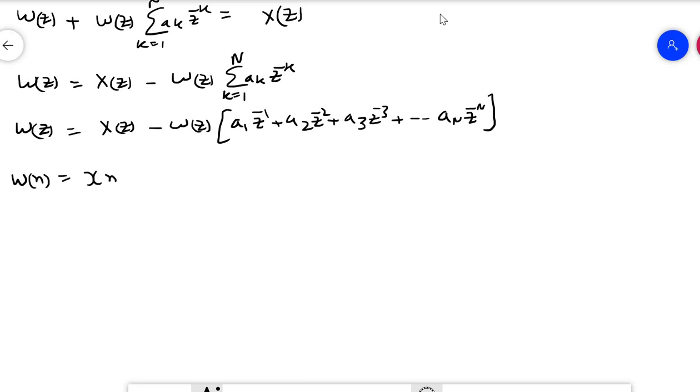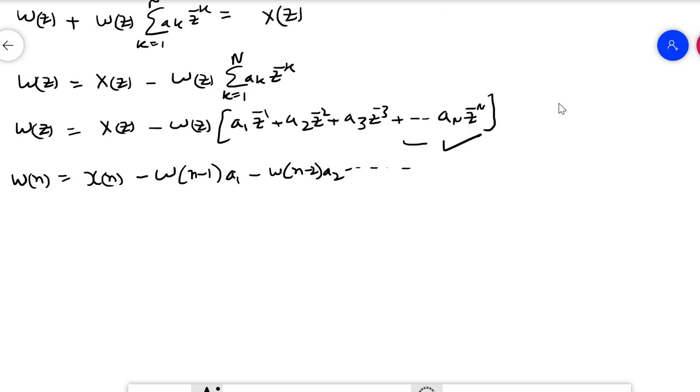Write it like that: w(n) = x(n) - a1 w(n-1) - a2 w(n-2) and so on. Correct? This is my equation. So we have to realize the network of this equation.